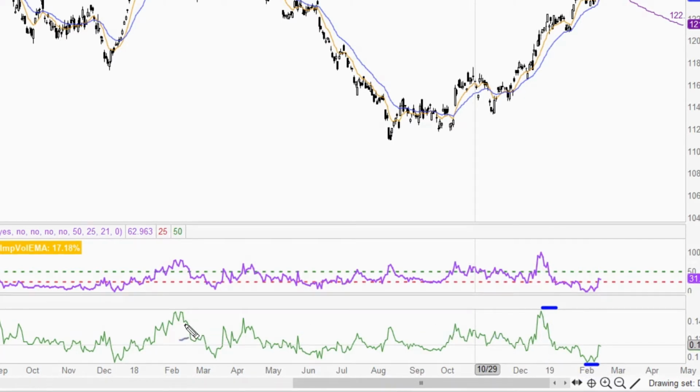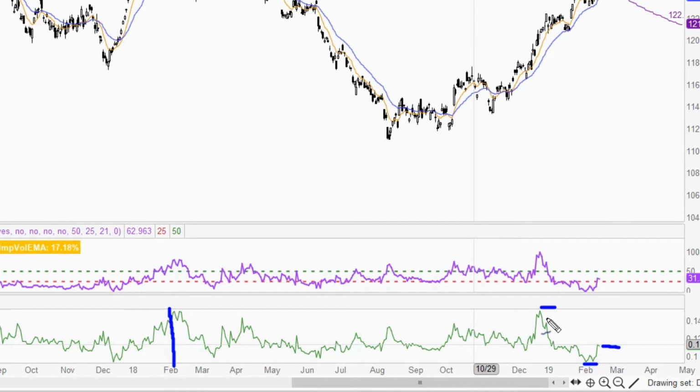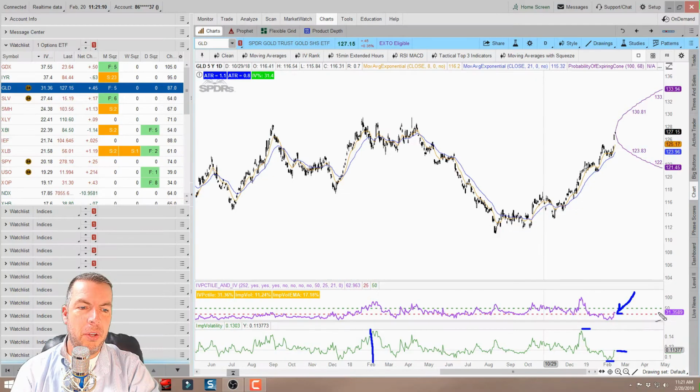So looking back those 52 weeks, let's see, right here, February, we come back in here to February, you can see that this is the highest we've been, this is the lowest we've been on the implied volatility, and then right now we are at 31% between the highest high and the lowest low. And that's what this number is right here, 31%.